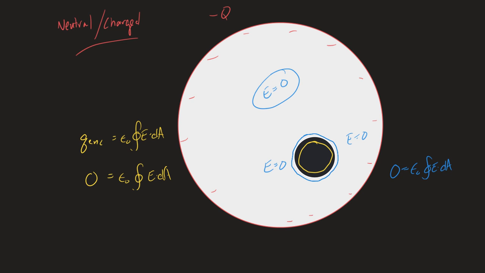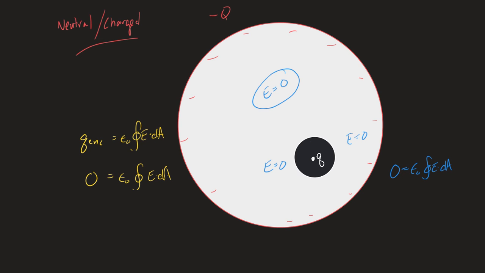Now I'm going to put a big if here. If there's no charges in there. Now, we could change the entire argument by just putting a point charge in there. If I put a point charge in here, things are going to change dramatically. Maybe not as dramatically as you think, but they're going to change.